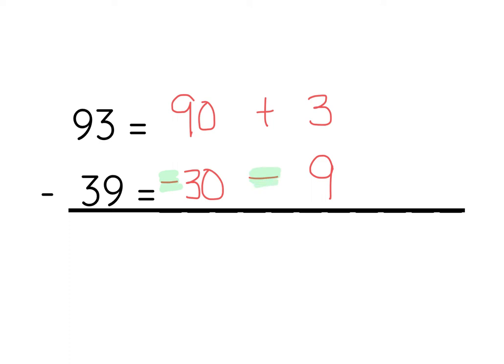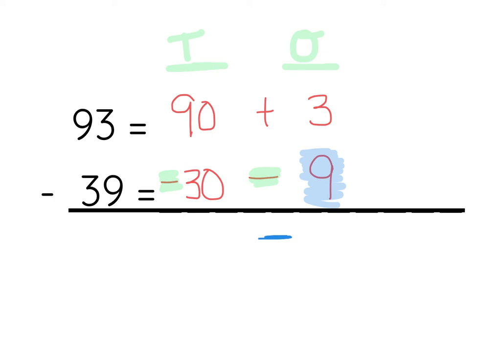Did you check and make sure your columns are nice and straight? Your tens column is straight. Your ones column is straight. And then look for where your negative number is, or your bigger digit. Notice 9 is bigger than the 3, so you are going to have a negative number there.